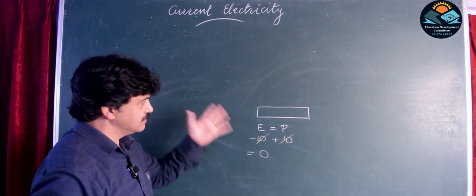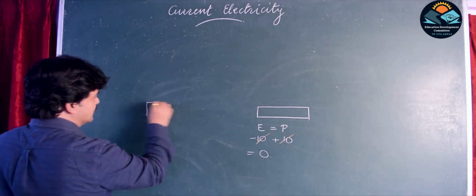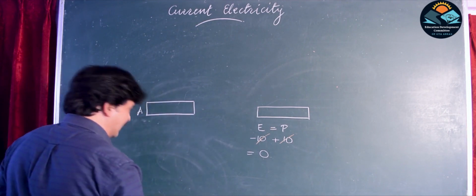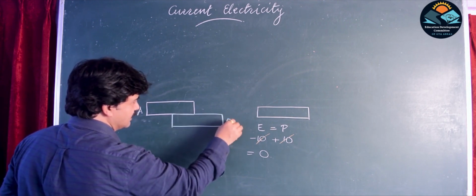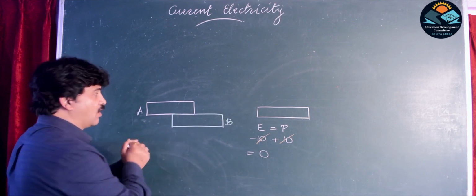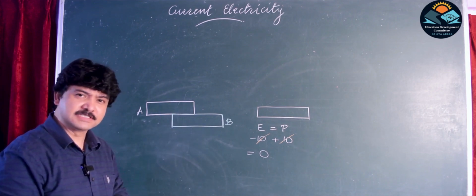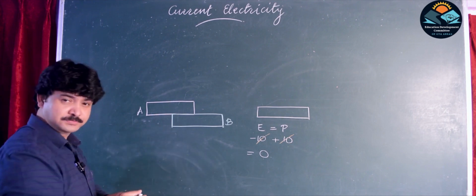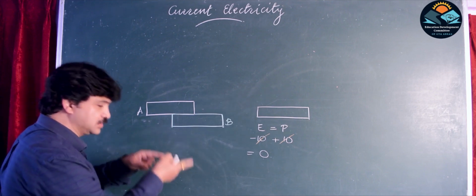Now what happens when two neutral objects are rubbed together? Let's say this is object A, and this is object B. Now these two are rubbed together. On rubbing, because of friction, some heat energy will be developed. That heat energy will enable the electrons to move from one object to another.